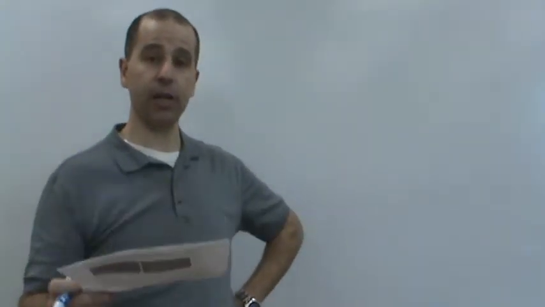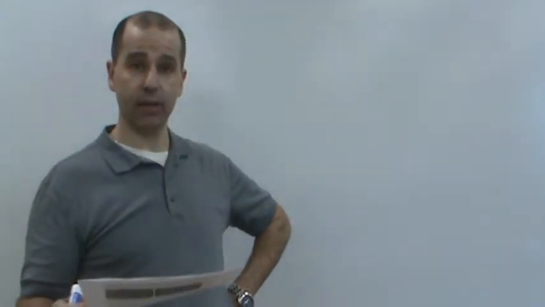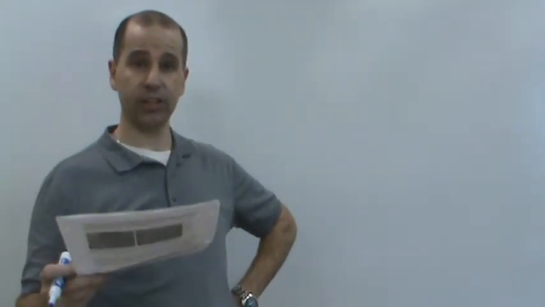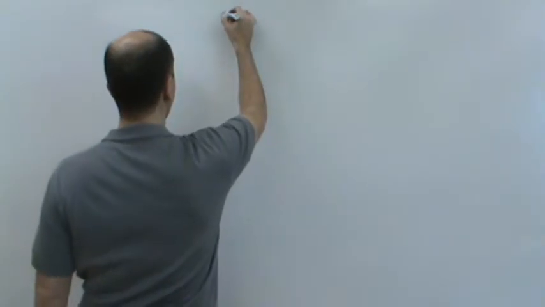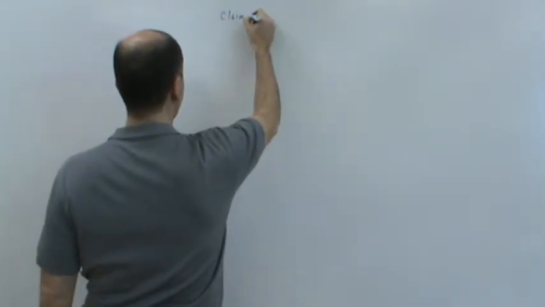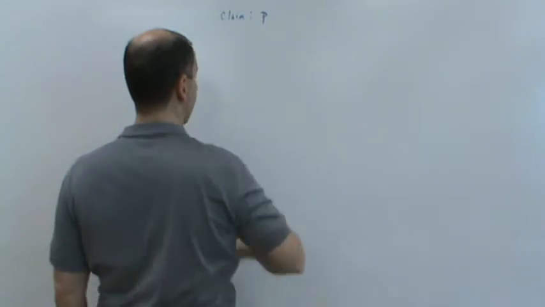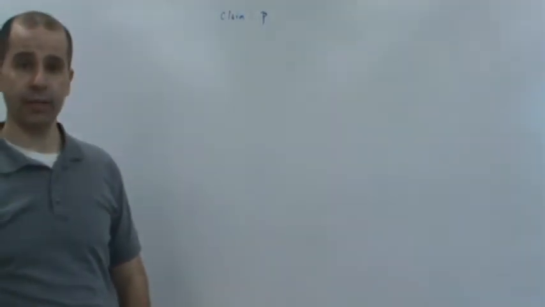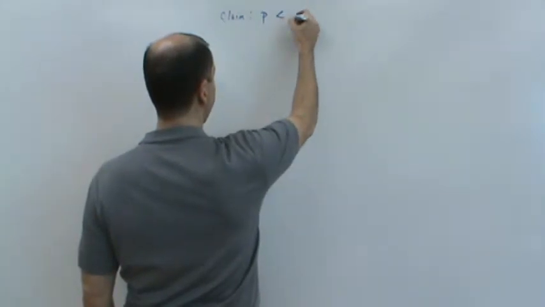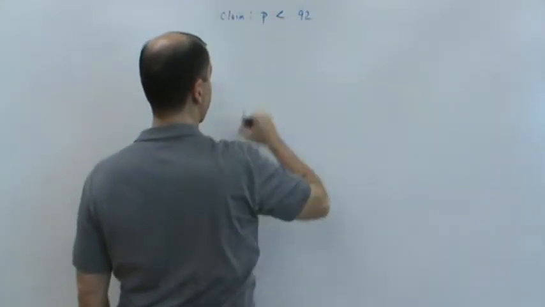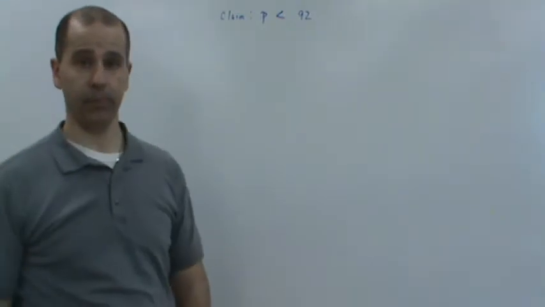So meaning the percentage of adults in the United States who own a cell phone is actually lower than 92%. So let's write that as their claim. So they're claiming that the proportion of adults in the US who own a cell phone is actually less than 92%. And so there's our claim, okay?